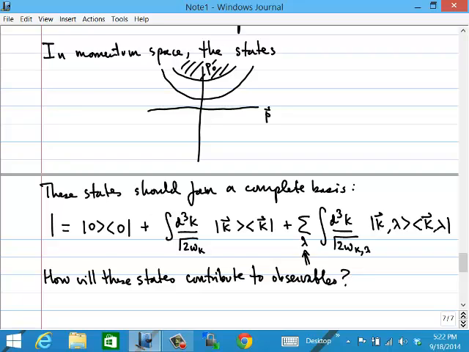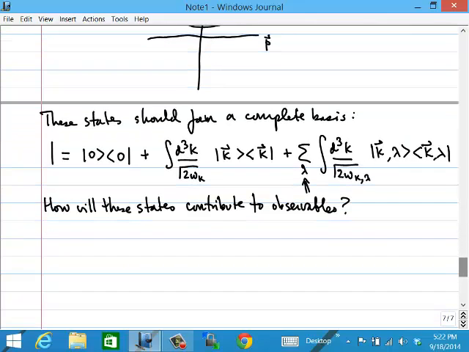Let's consider the simplest sorts of observables, namely those we were considering earlier, the propagators, phi of x, phi of y. Let's very briefly consider what would happen in a more general interacting theory, where we have all of these more complicated states, and how they would influence this two-point function, or this propagator.